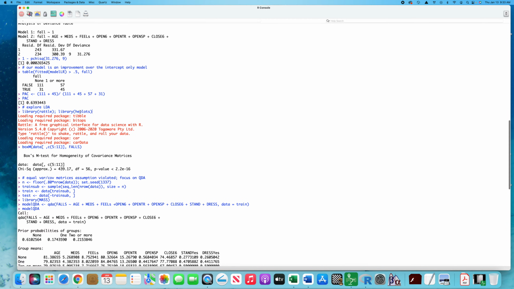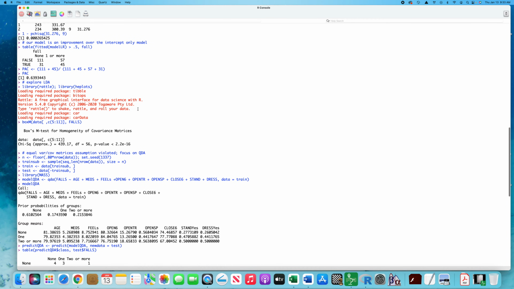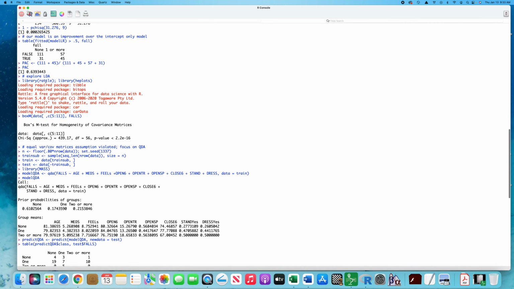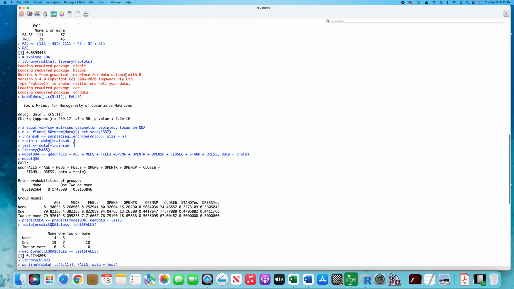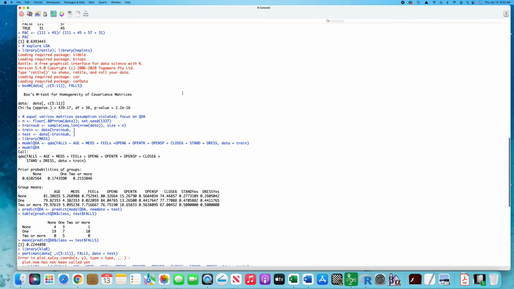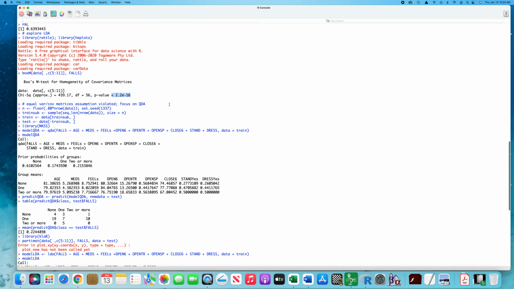Anyway, I wanted to explore the linear discriminant function analysis. There are a couple of packages that I have to install, rattle and heplots. The first thing I need to do is check the equal variance-covariance assumption over the independent variables, and it fails miserably.